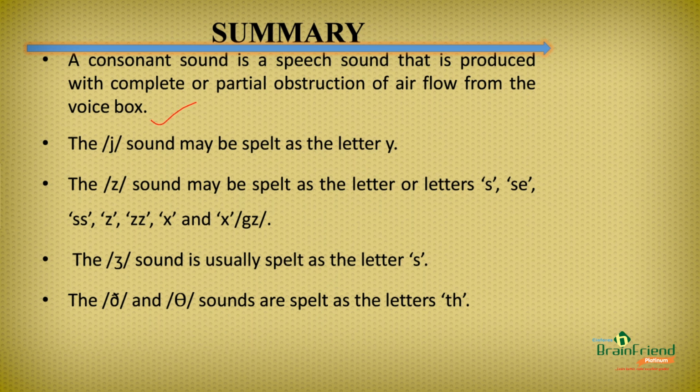We've also learnt that the y sound may be spelled as a letter Y. Going on, we learnt that the Z sound may be spelled as the letter or letters S, SE, SS, Z, double Z, X, and X, which is pronounced Z. Next, we learnt that the Z sound is usually spelled as the letter S. And lastly, we learnt that the D and T sounds are spelled as the letters TH.